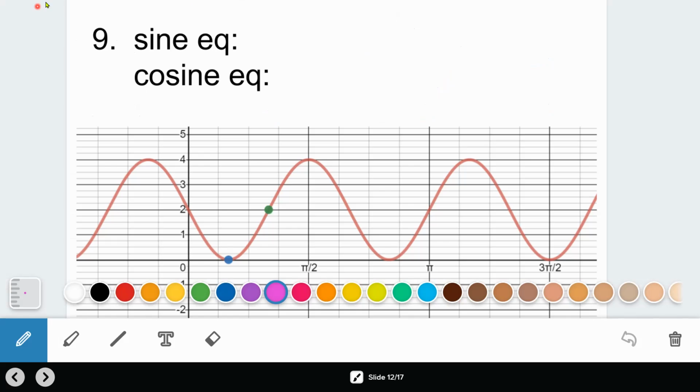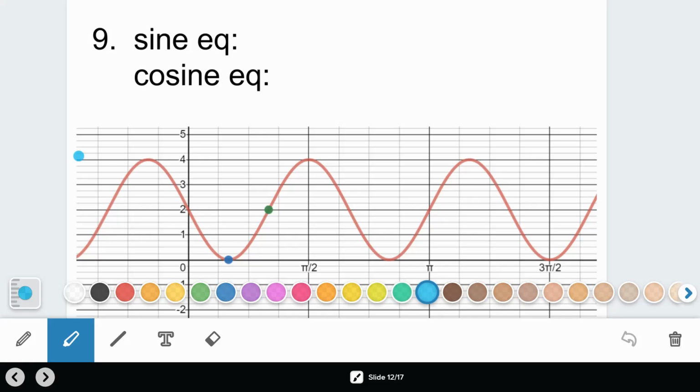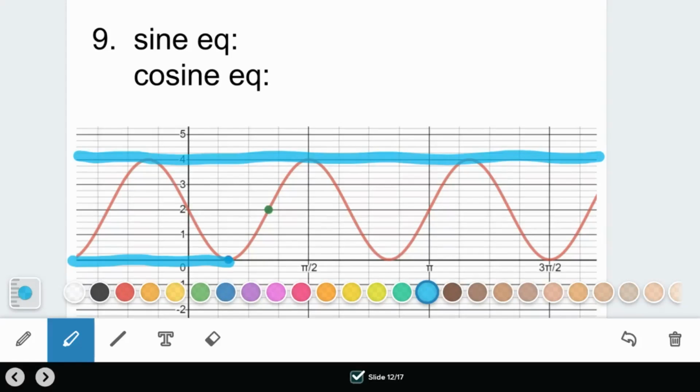On this one, we're going to be writing a sine and a cosine equation. So this one we want to write a sine and a cosine graph. So my highs are at 4. Our lows are at 0.